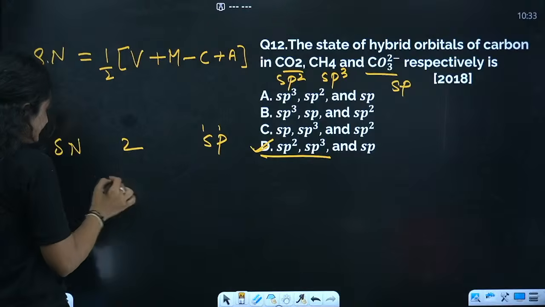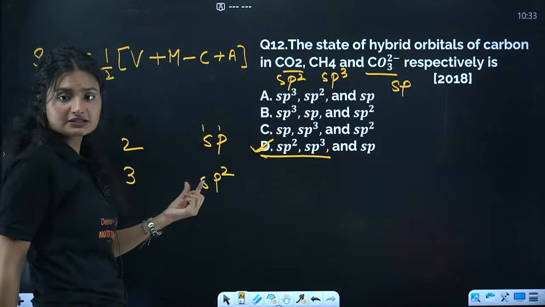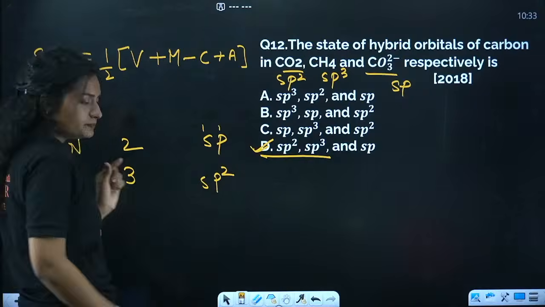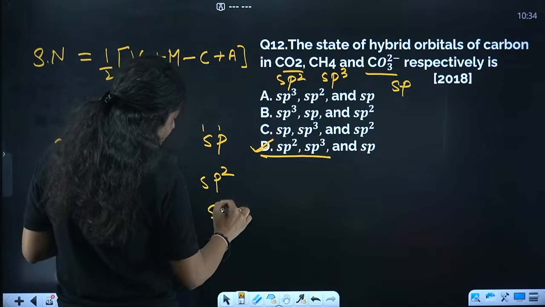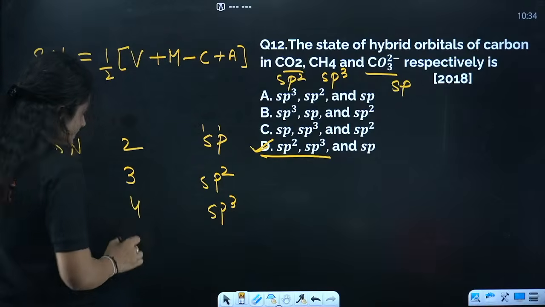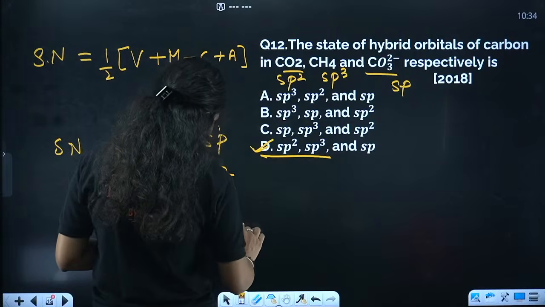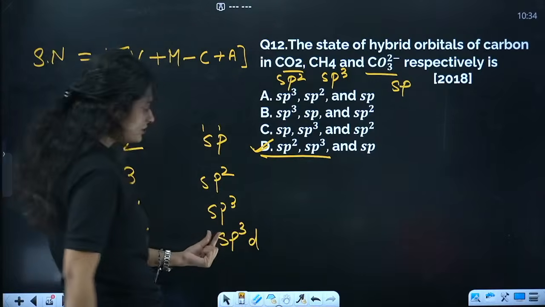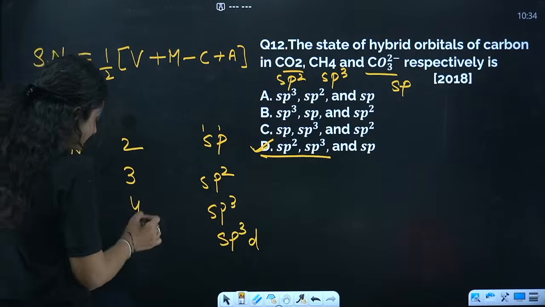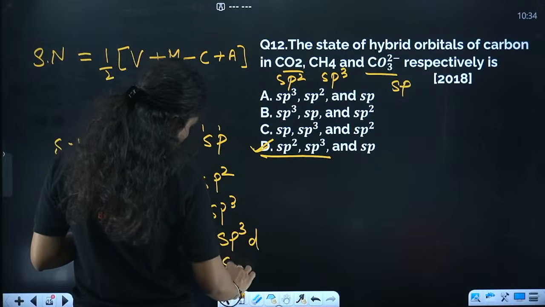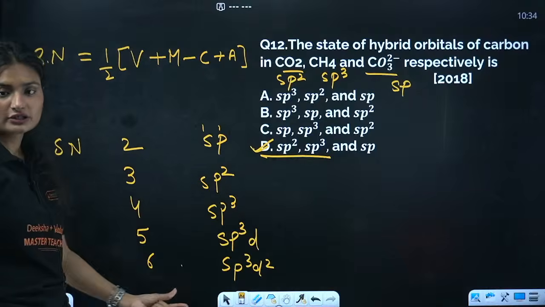If steric number is 3, that means sp2, 1s and 2p. If steric number is 4, then hybridization is sp3, 1s and 3p. If steric number is 5, then hybridization is sp3d. Similarly, up to 6 you can go, sp3d2. This is for octahedral complexes.